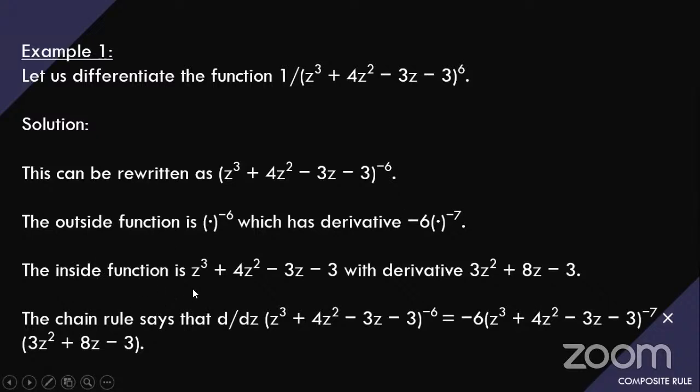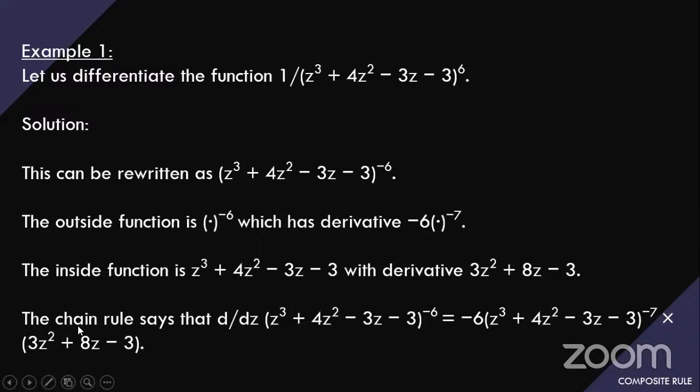Now we will go to our inside function and differentiate it. Our inside function is z cubed plus 4z squared minus 3z minus 3. When we differentiate it, we derive 3z squared plus 8z, bringing down the 2 and multiplying it by the function, minus 3.